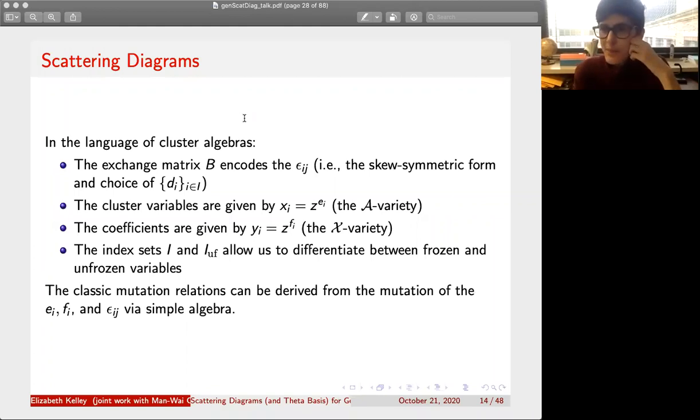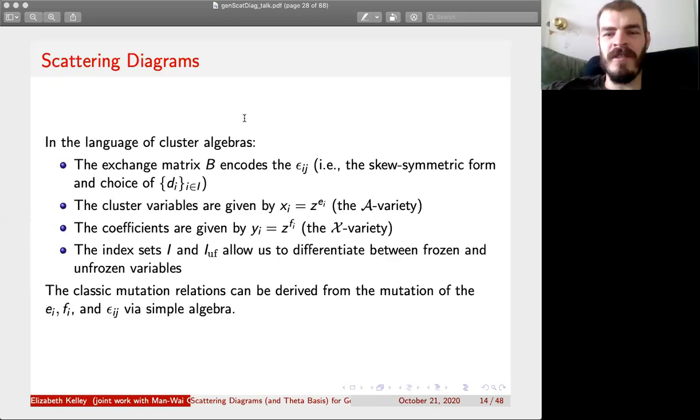And then the classic mutation relations, the ones where I pointed out this binomial structure, can actually be derived from the mutation of the basis vectors and this matrix that is encoding the skew symmetric form via simple algebra. And I haven't told you how these basis vectors mutate yet, so you shouldn't be able to see why this is true, but it is just an algebraic exercise if you sit down.